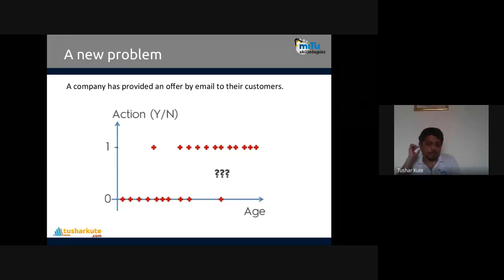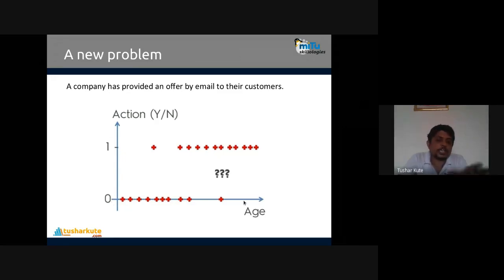I have that information with me. So on the x-axis I have the ages of the customers, and on the y-axis whether the email was received by the customer or not.